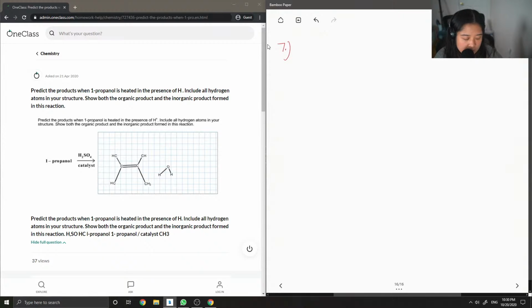So it looks like this person attempted to write out an answer, but it probably wasn't right. So let's try to look at the reaction that is given. They had 1-propanol with sulfuric acid and a catalyst.